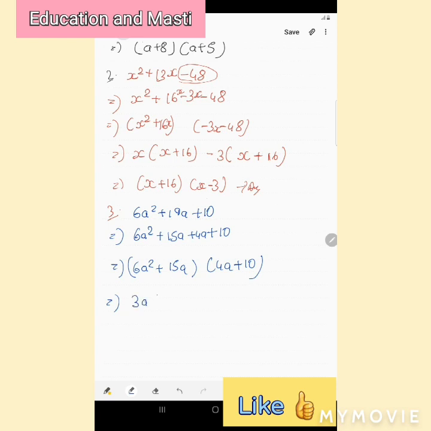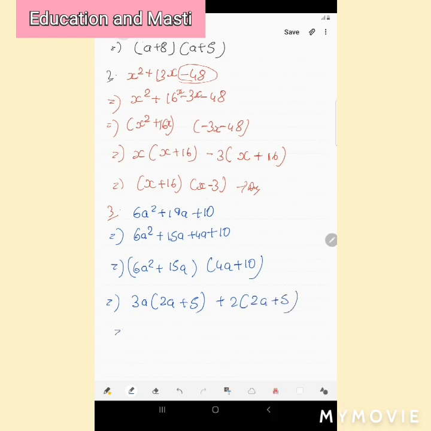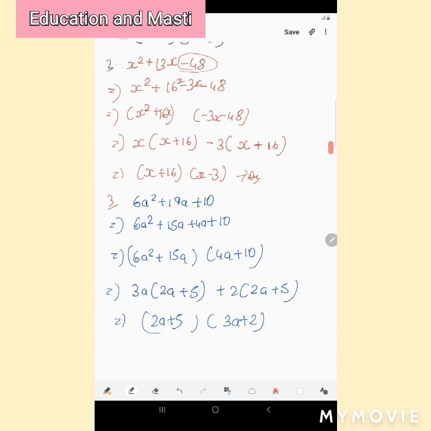So I will write 3a here, and 3 times 2a for the 6a square, then 3 for the 15. Then here common is 2, so we will take out 2: 2 times 2a, plus 2 times 5 is 10. So now we got the answer, that is 2a plus 5 and 3a plus 2. This is our answer.